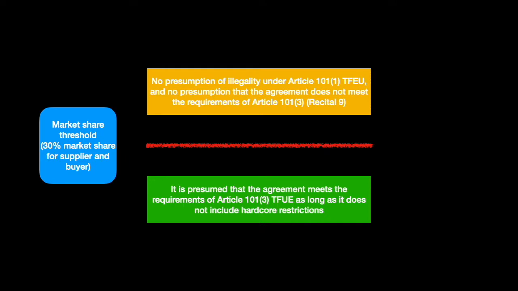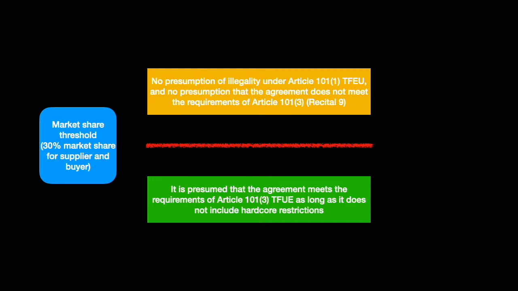Well, in that case, as provided in Recital 9 of the regulation, there is no presumption of illegality under Article 101, paragraph 1, but there's also no presumption that the agreement meets the requirements of Article 101(3).